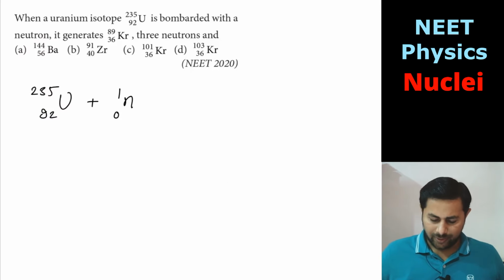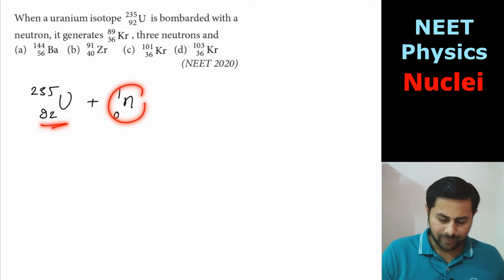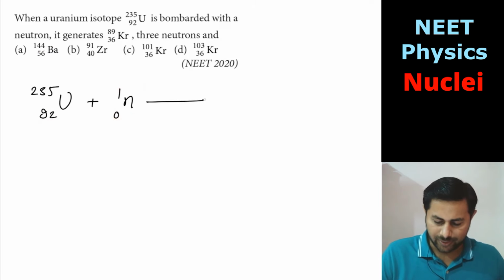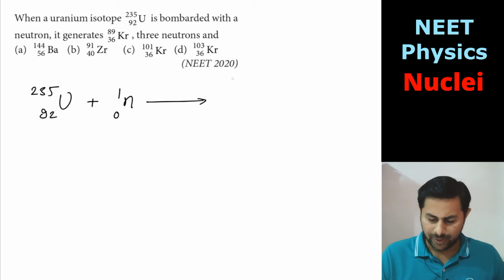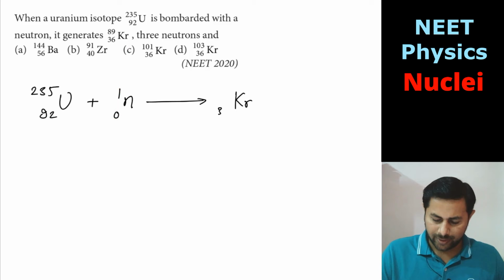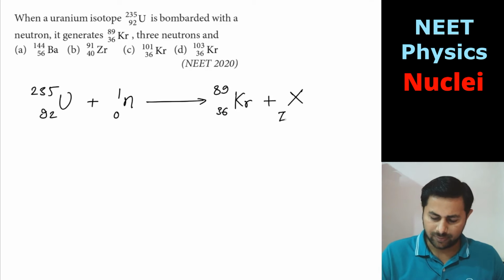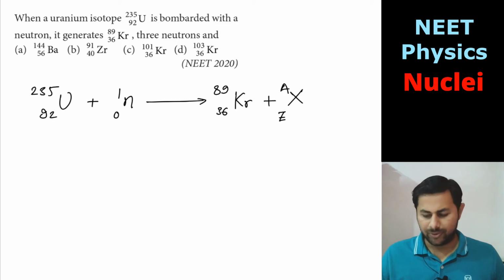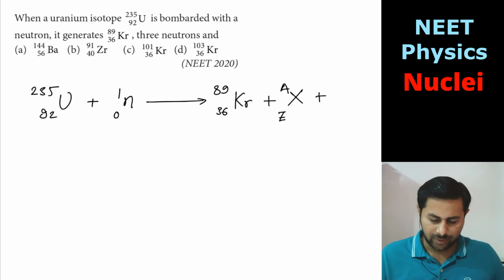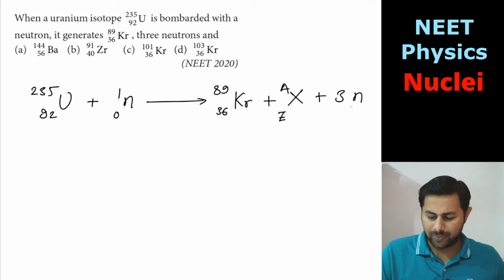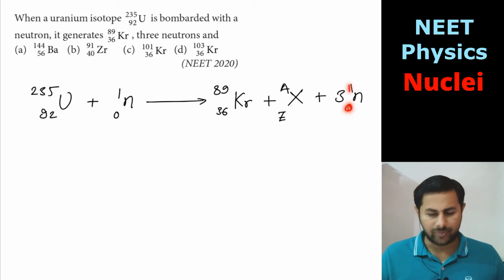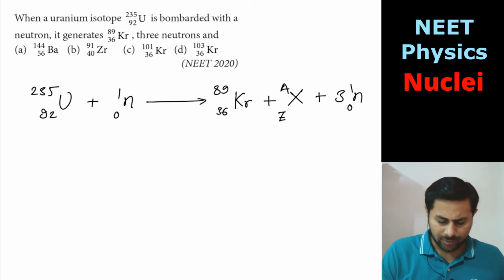So then you have uranium plus one neutron, and it gives rise to the fission reaction: krypton 36, 89, plus suppose some X, whose atomic number and mass number we don't know, plus 3 neutrons. Each neutron has atomic number 0, mass number 1.